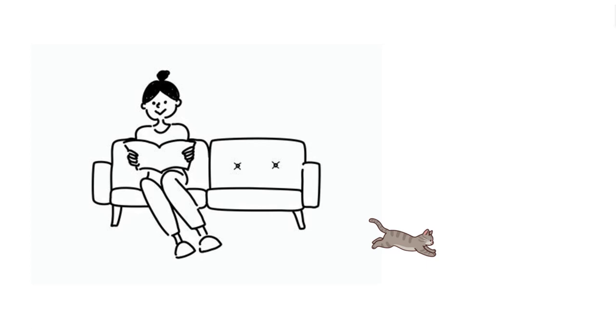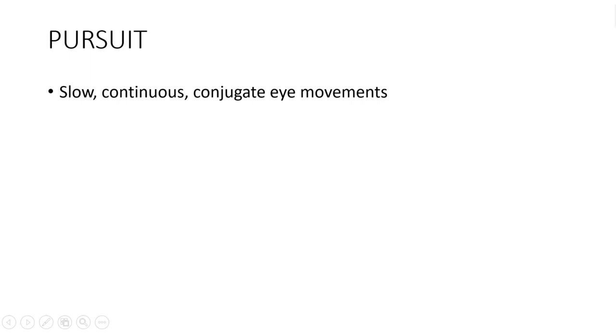Now, this particular eye movement wherein I am trying to keep my eyes fixed on a moving target is called pursuit. Pursuit is basically a slow, continuous, conjugate eye movement. In other words, I have a slow moving target and both of my eyes are moving with the target so that the target remains in focus.